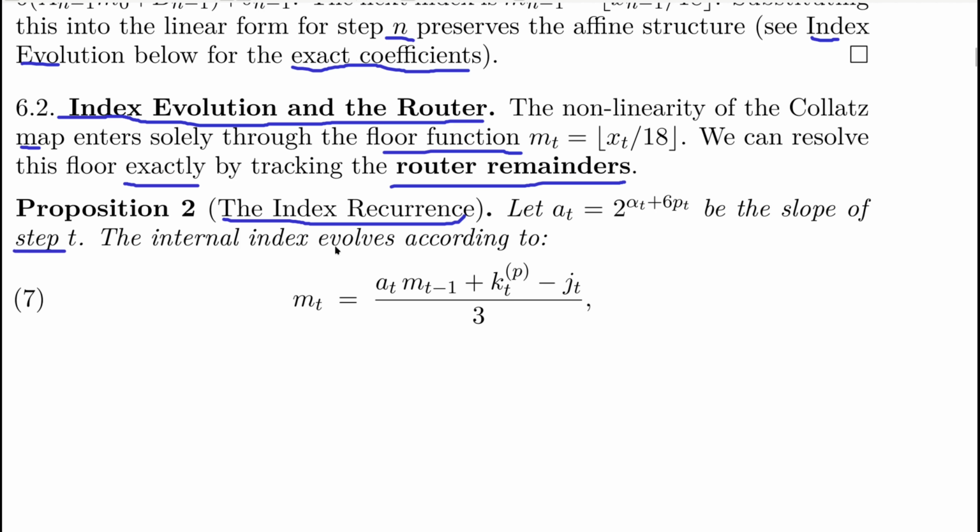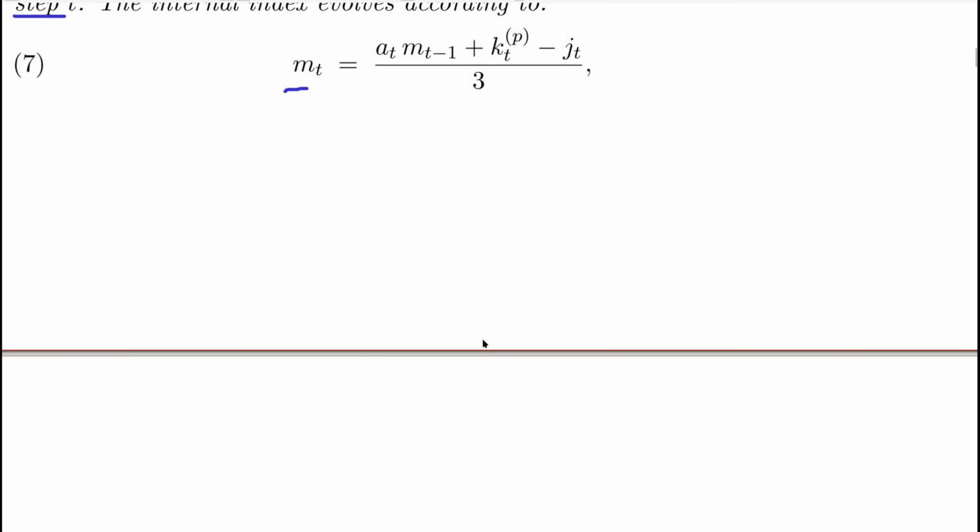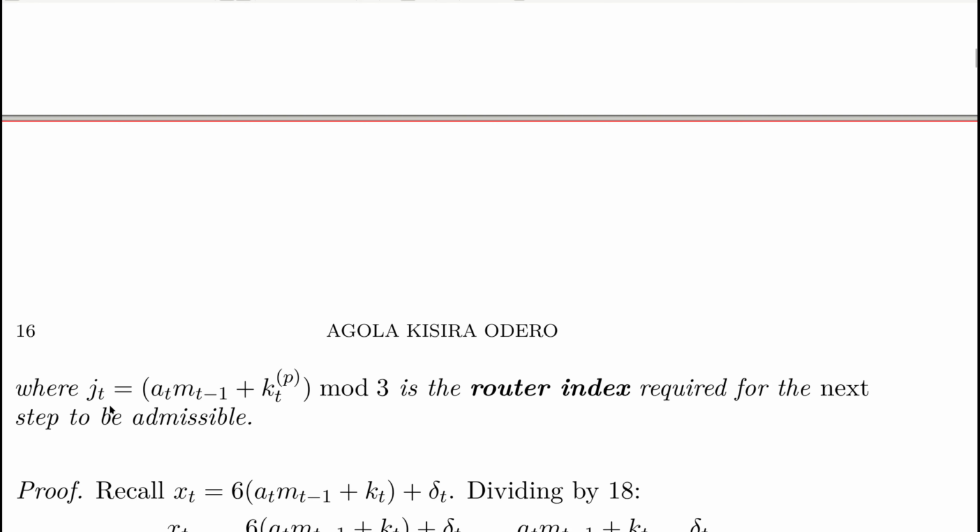The internal index evolves according to mt equals at mt minus 1 plus kt of p minus jt, all over 3, where jt is equal to (at mt minus 1 plus kt of p) mod 3. So jt is the router index required for the next step to be admissible.